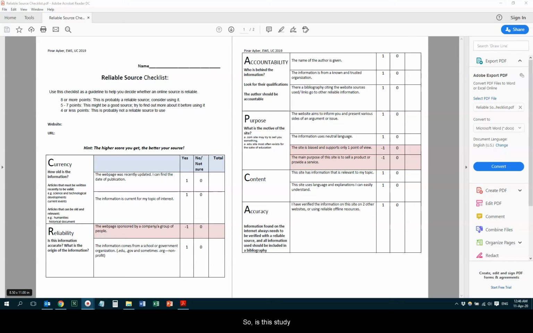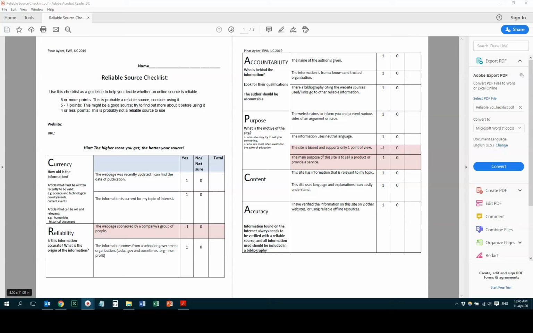Is this study about a medicine funded by a pharmaceutical company? If so, this could be a negative thing, and it could make the source unreliable. If the information comes from a school or government organization or a nonprofit entity, then it's probably reliable.